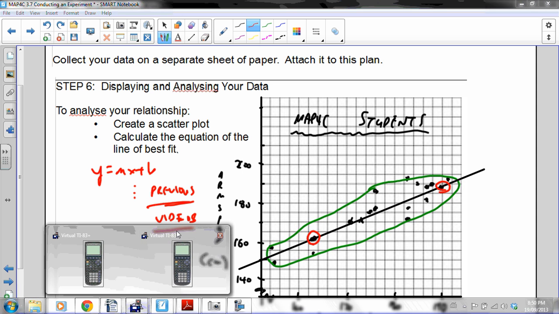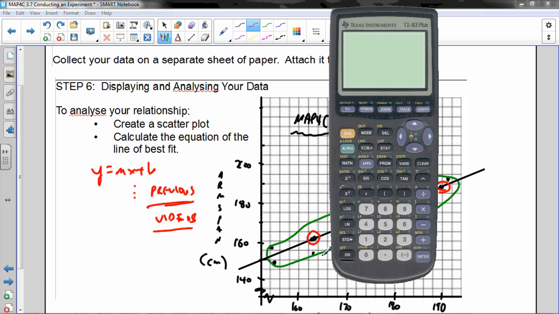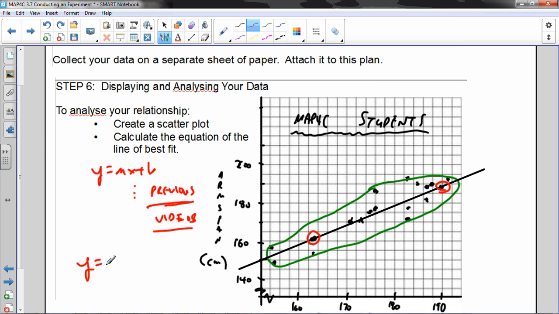But what I have done and what you should do is also use a calculator or a spreadsheet. So here, calculator, I think I've got all of the heights and arm spans written in there. And I'm going to go calc, lin reg, run that, and then I've got my line of best fit. I've got y equals almost 1, eh?